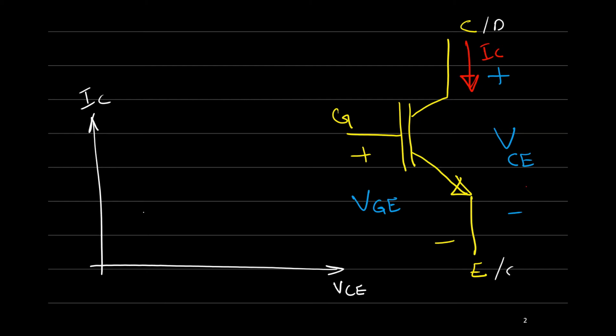On the MOSFET, you'll find the drain, source, and gate. Anyway, when the current inside the collector increases, we expect that also the voltage across the transistor, collector emitter, will be increasing as well.